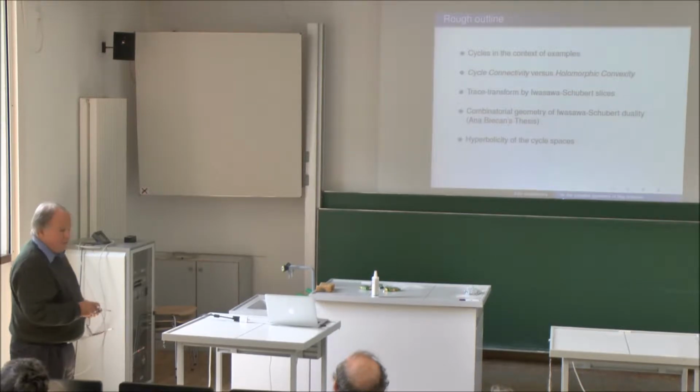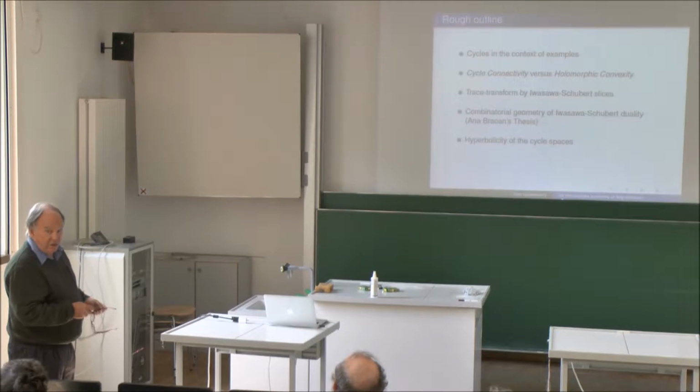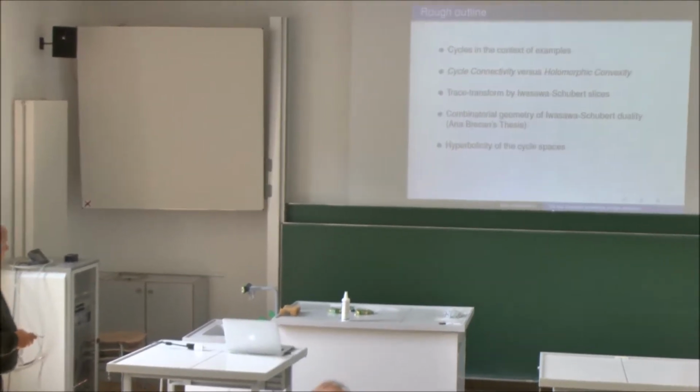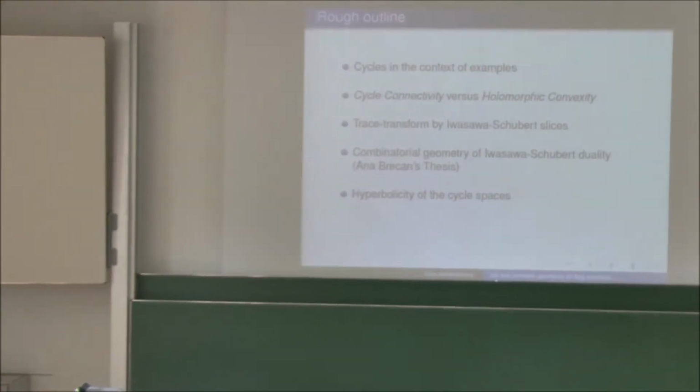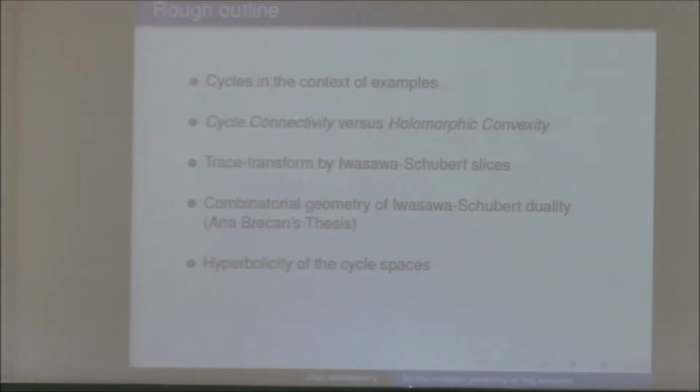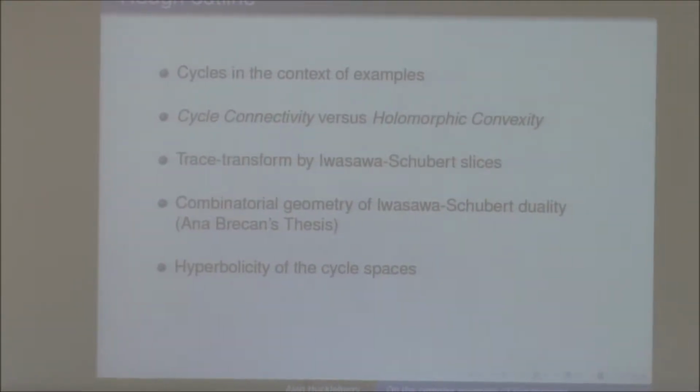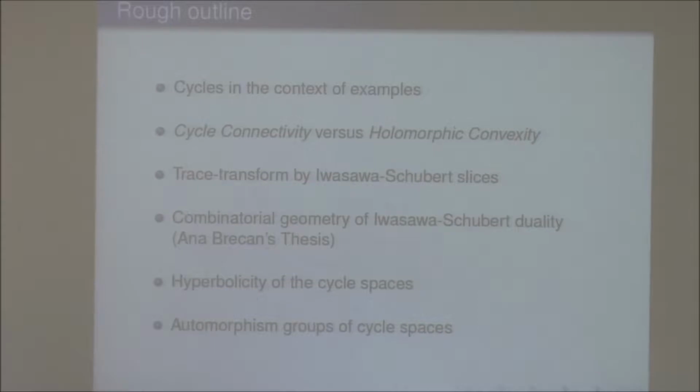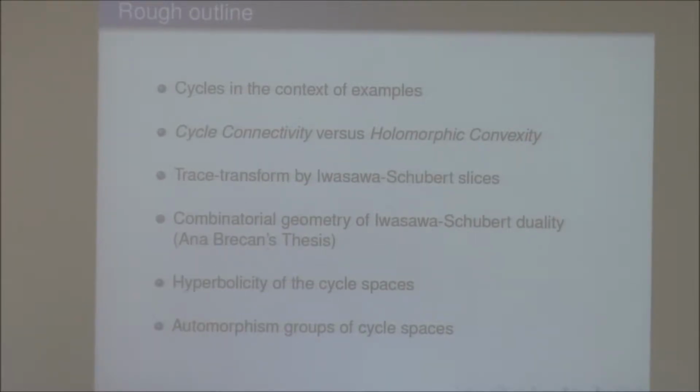But what it really means for us is that the automorphism group is a Lie group acting properly on the space. And I will mention with some examples that you can't expect that in general at all. Finally, I will comment in detail on the automorphism group of cycle spaces and its relation to the automorphism groups of the flag. So that's roughly what I have in mind today.